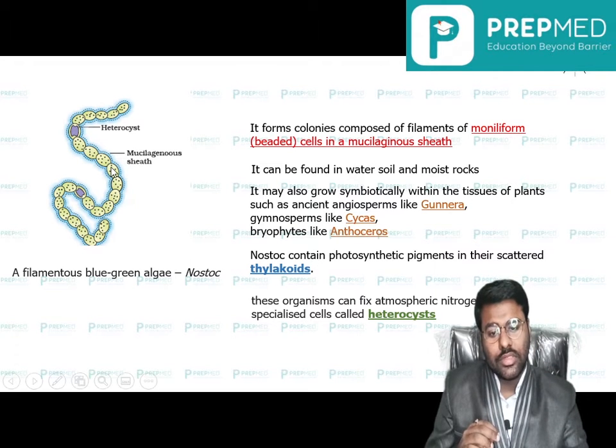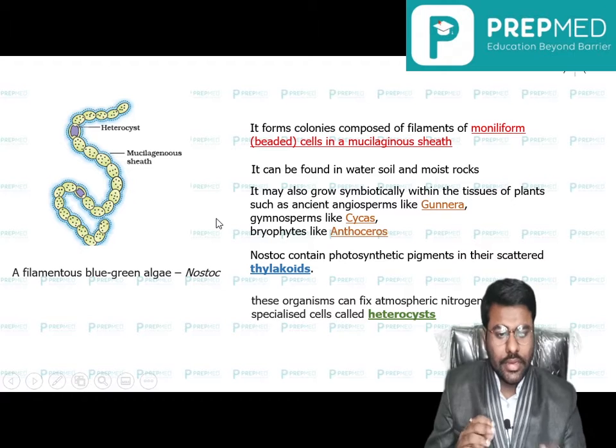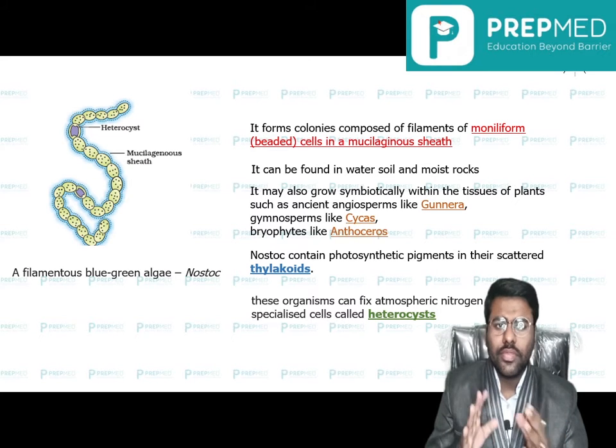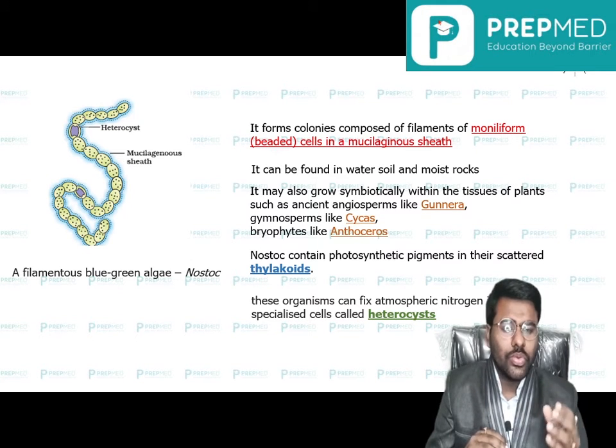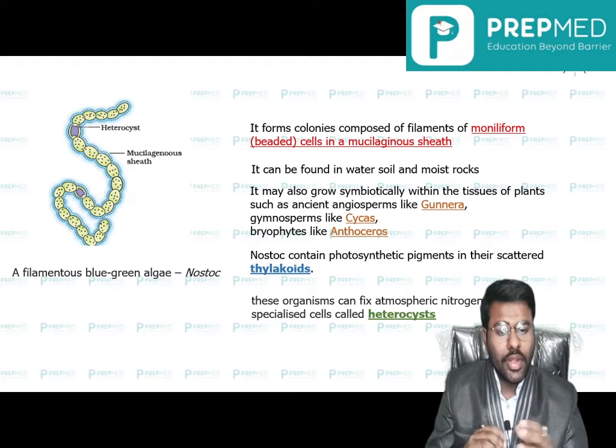You can clearly notice the cells are beaded, and around them is a mucilaginous sheath. They are found in symbiotic association with some angiosperms like Gunnera, gymnosperms like Cycas, and some bryophytes like Anthoceros.